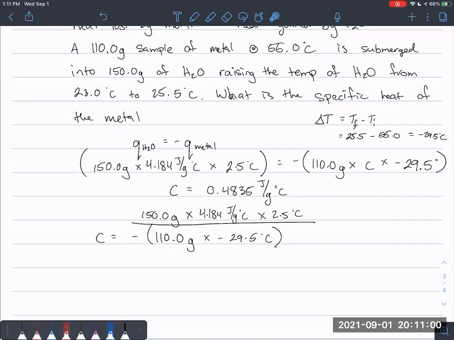Oh, okay. I got confused. I combined the specific heat and the weight, and I didn't account for them being two separate variables. I think that's where I thought it was negative. Is 150 the mass? Yes, 150.0 grams is the mass of the water.